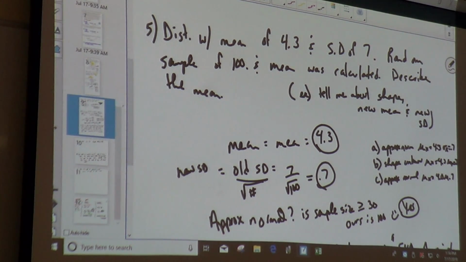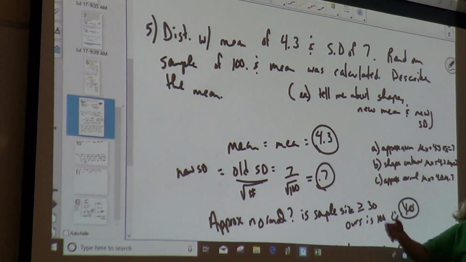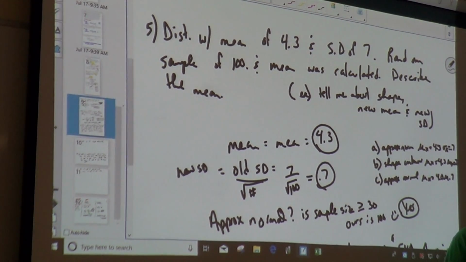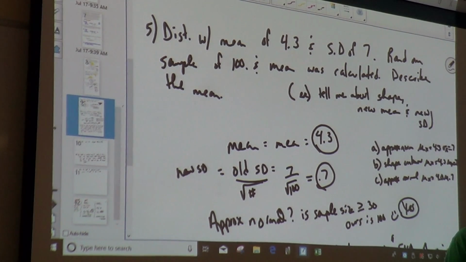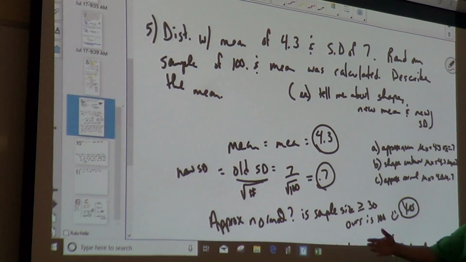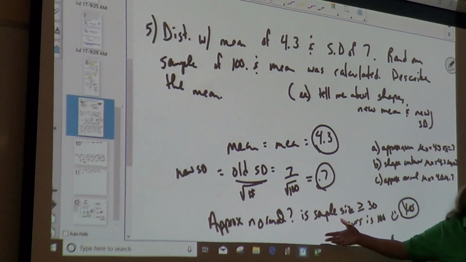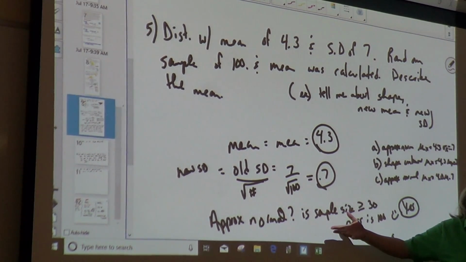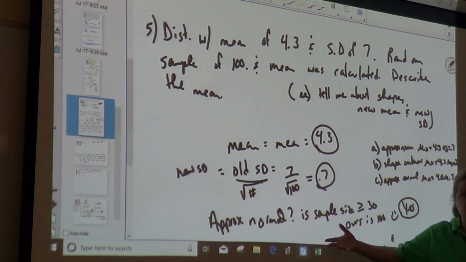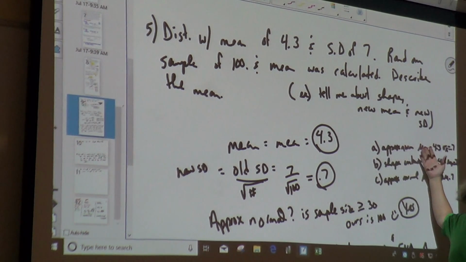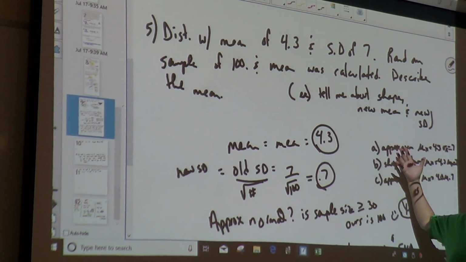Y'all, have I ever done a problem that said shape unknown? Every time we've done one of these, it was always greater than 30, so it always ended up being approximately normal. Just saying.